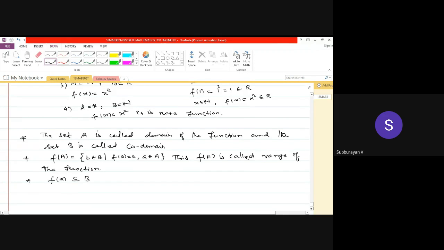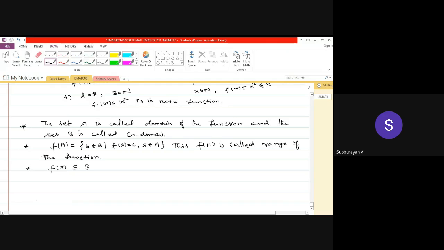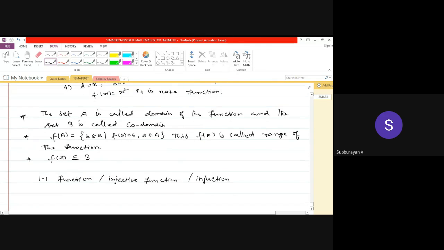Okay, fine. See, next one, 1-to-1 function, or injective function, or simply injection.